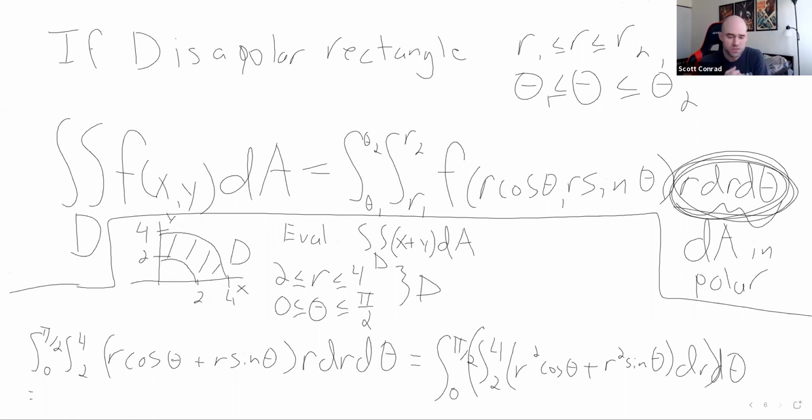So r squared cos theta becomes 1/3 r cubed cos theta. r squared sine theta becomes 1/3 r cubed sine theta. And we evaluate that from r equals 2 to 4.